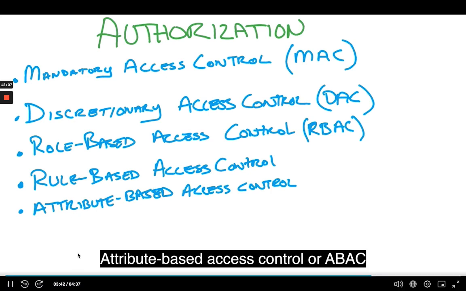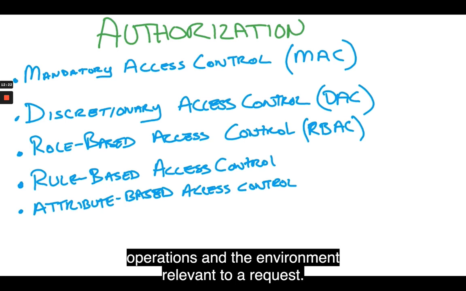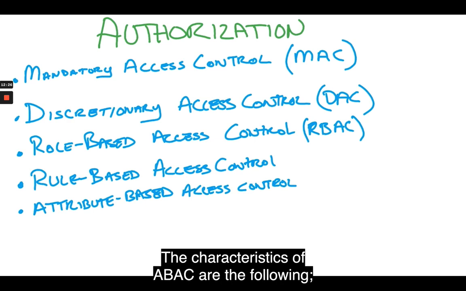Attribute-based access control, or ABAC, is a logical access control model that controls access to objects by evaluating rules against the attributes of entities, both subject and object, operations, and the environment relevant to a request. The characteristics of ABAC are the following.